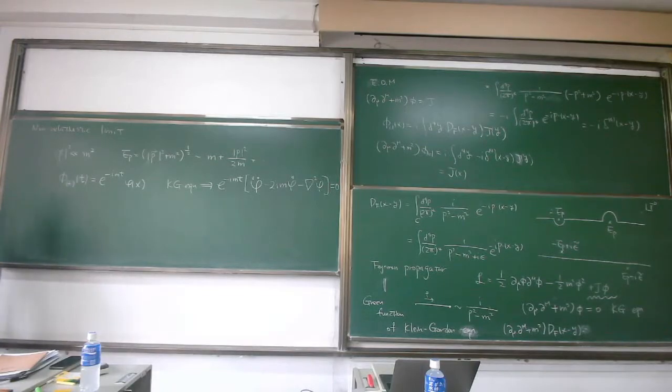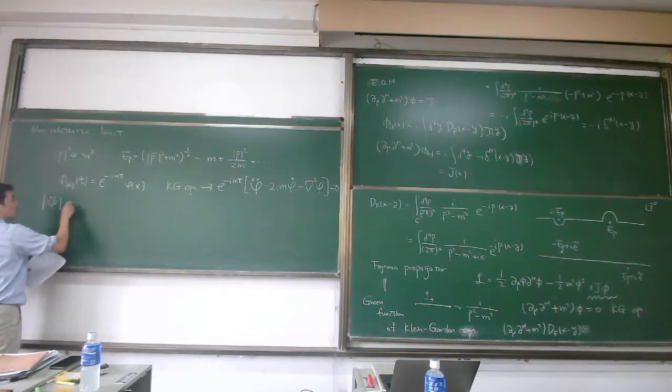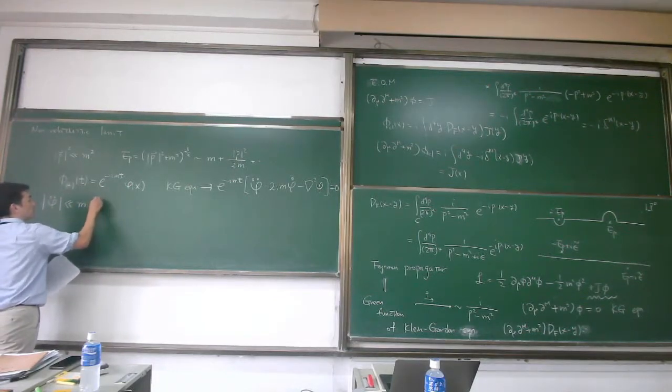And non-relativistic limit means that phi double dot is much less than m phi dot.